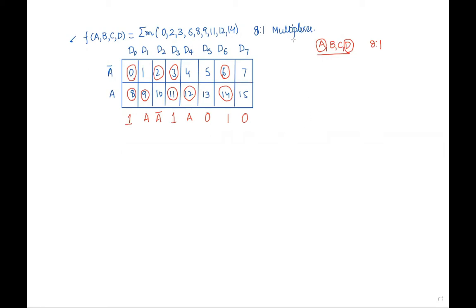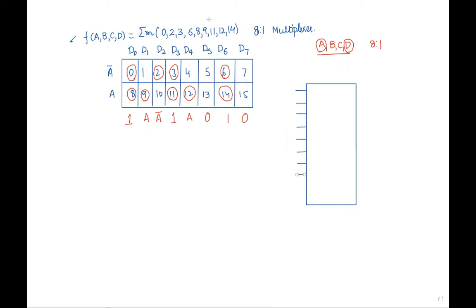For implementation, you are supposed to make a multiplexer. Your multiplexer is 8:1, so you will make an 8:1 multiplexer with pins D0, D1, D2, D3, D4, D5, D6 and D7.